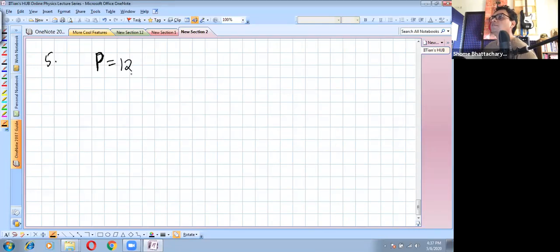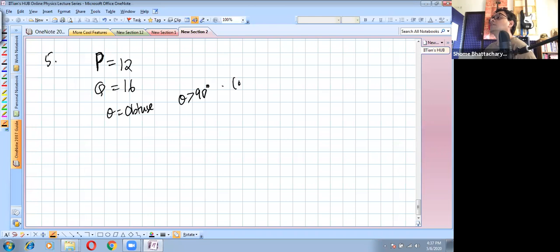So the magnitude of the vector P is 12, the magnitude of the vector Q is 16, and it is given to us that the angle between them is obtuse. So theta is greater than 90.